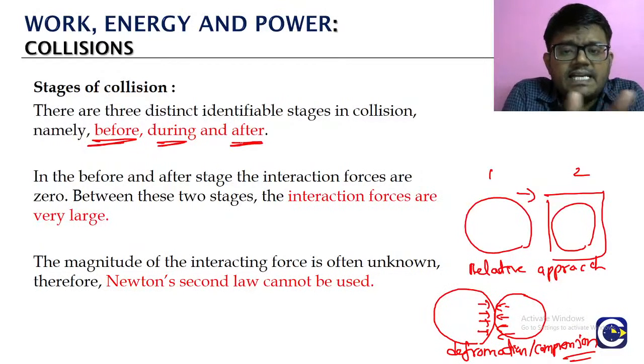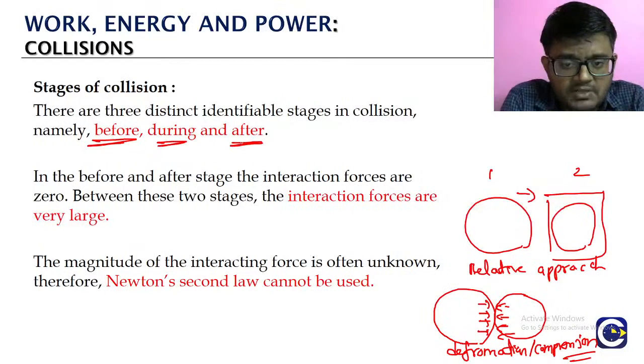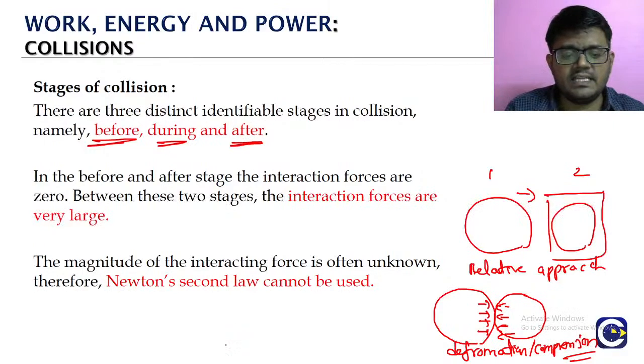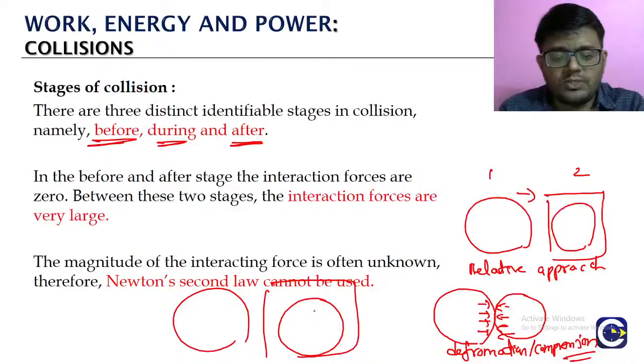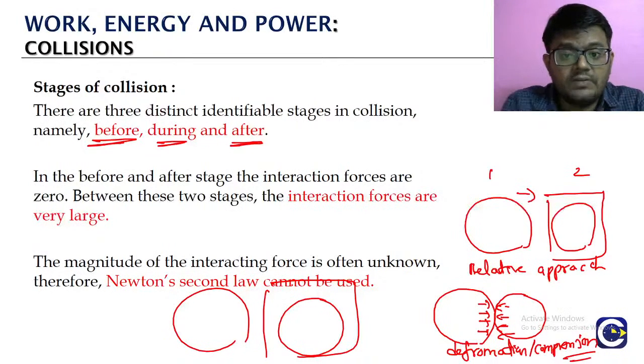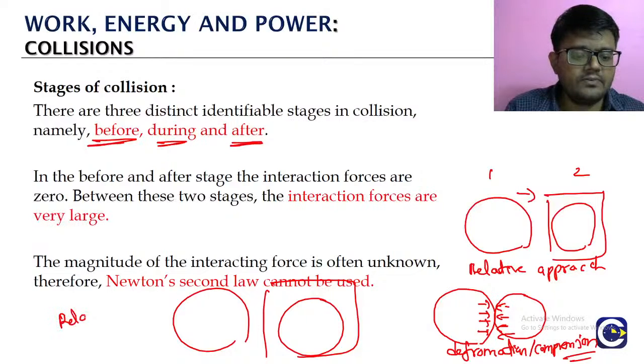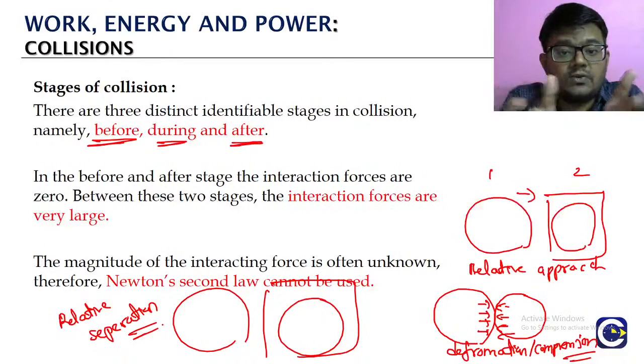Then the objects will start receding away. So after the collision is over, they will start receding away. If you look at it relatively, they will be moving away. So again there will be relative separation. So before the collision, there is relative approach.